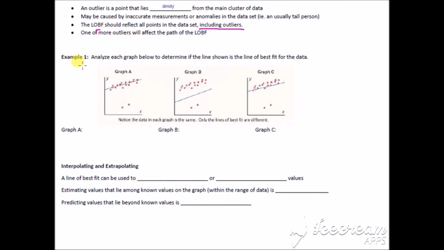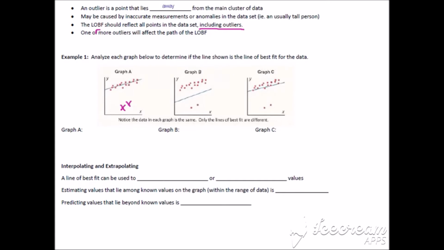Okay? So analyze each graph below to determine if the line shown is the line of best fit for the data. For graph A, if we take a look at this line, most of the points are above and below it. What this line actually gets rid of are these two outliers.